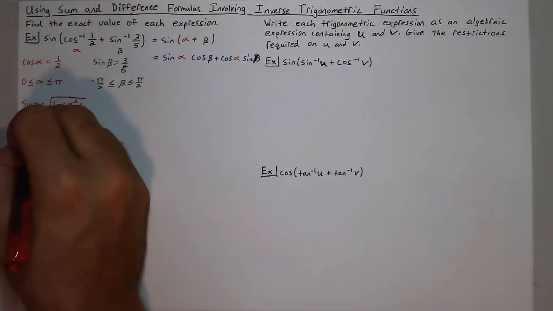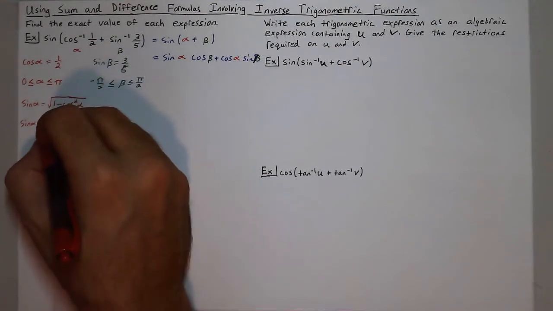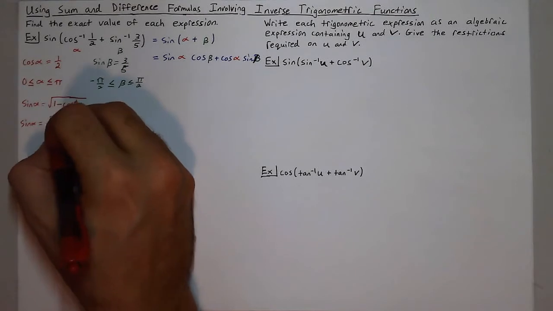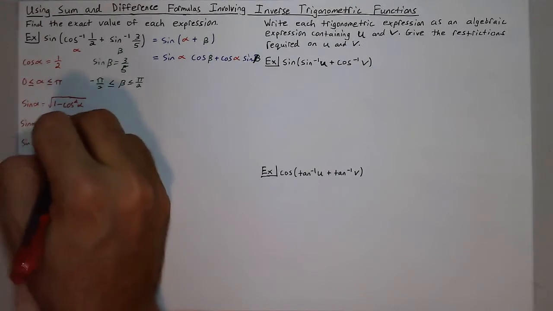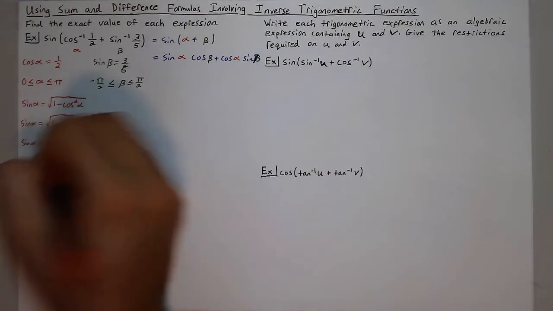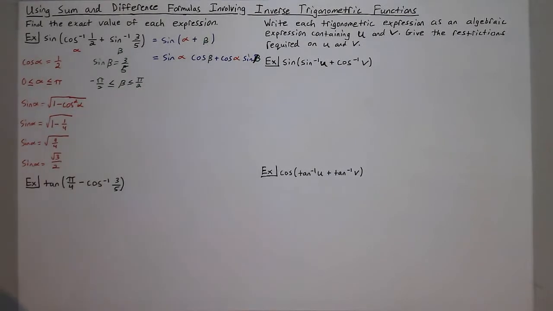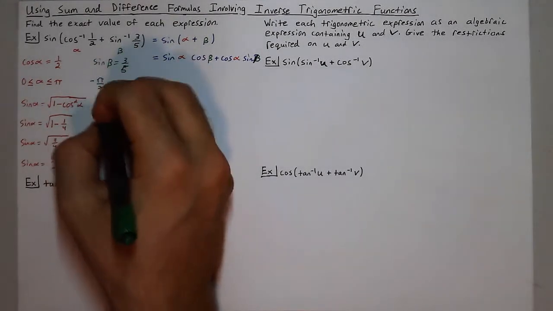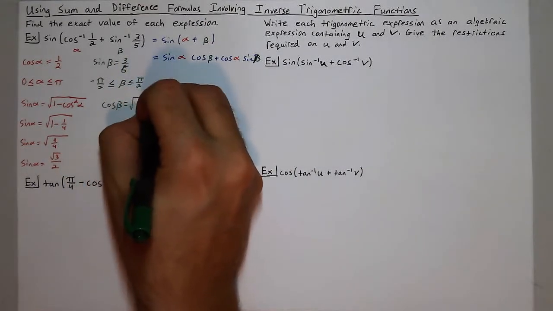So I can figure that sine of alpha is equal to the square root of 1 minus 1/2 squared, which is 1/4, and sine of alpha is equal to the square root of 3/4, which means sine of alpha is equal to the square root of 3 over 2. And I can do something very similar to find cosine of beta using the Pythagorean identity, because that would just be the square root of 1 minus sine squared of beta.